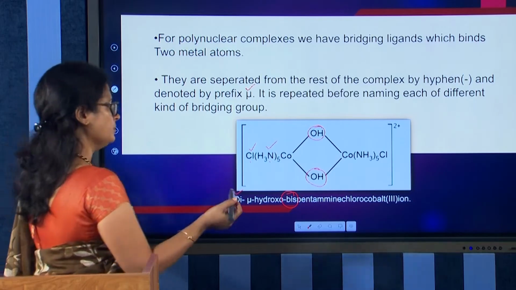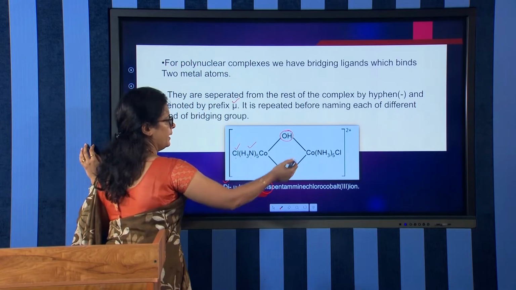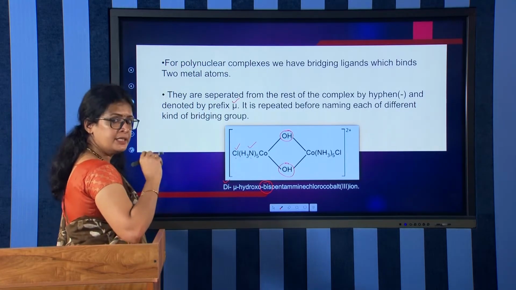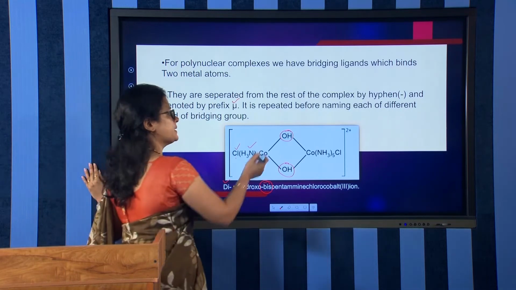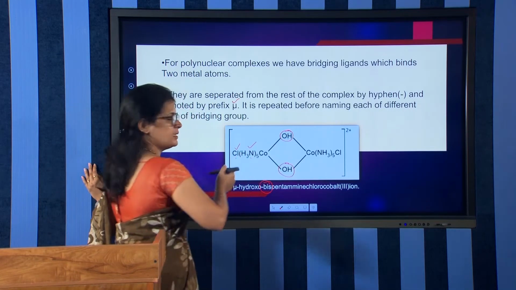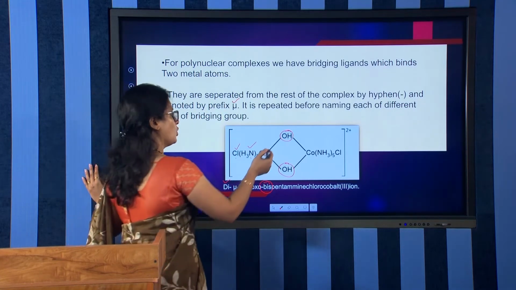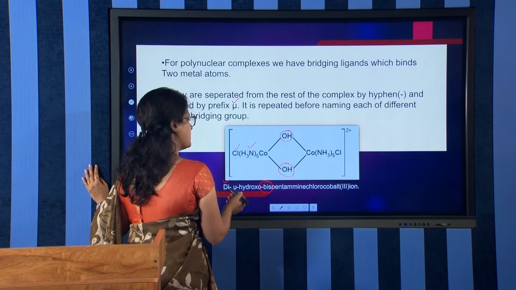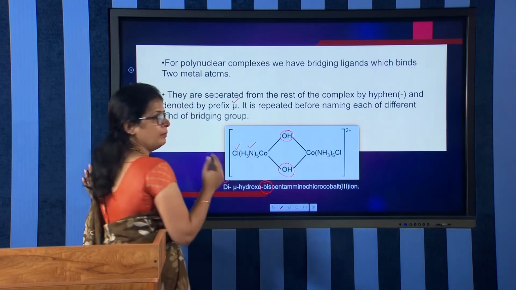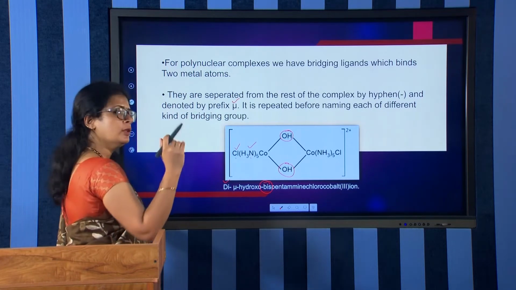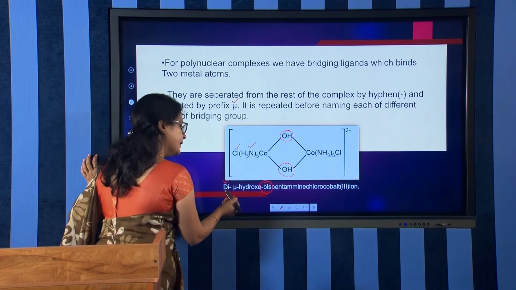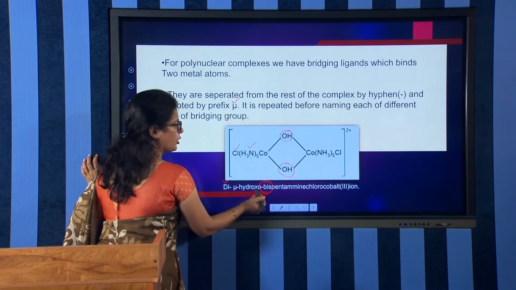Again, I repeat, this is a complex. The complex is a bridged complex. The complex contains 2 bridging ligands, and both the ligands are the same, hydroxyl ligand. While naming the bridging complex, we have to add mu before each ligand. Since both the ligands are same, we have to add di mu hydroxo.